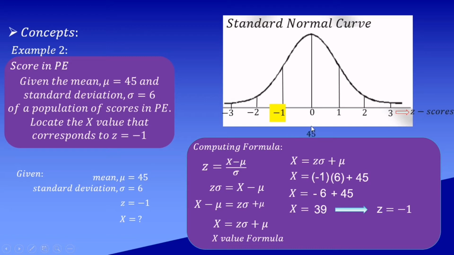Yan, ilagay natin sa gitna with the standard deviation of 6, then add by 6. So 45 plus 6, 51. That is above the mean. And then below the mean, subtract by 6. So 39, 33, 27. So we have the z is negative 1 corresponds with the x value 39. So these are all the raw scores, x values.